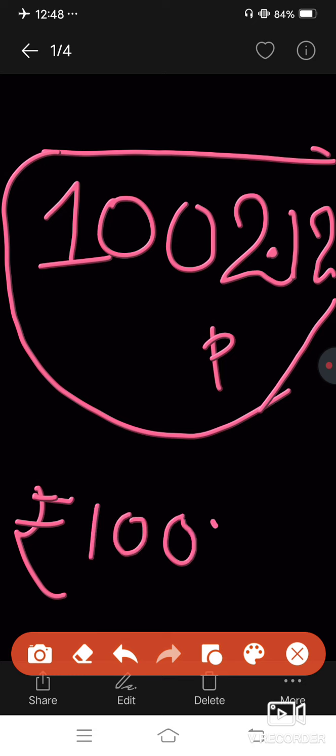So what we are going to do? Very simple. Just count 2 from the right side, 1 and 2, and put a dot here. Clear? So write the rupees symbol, then 1002.12.